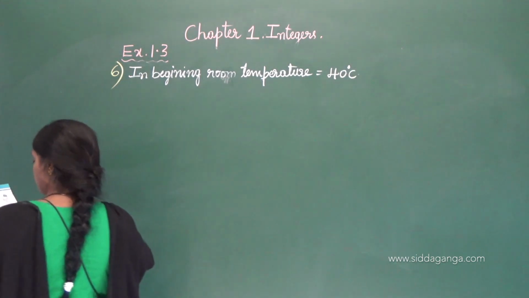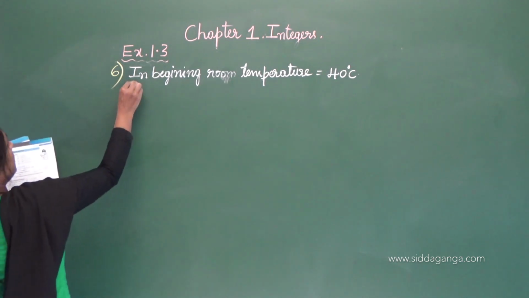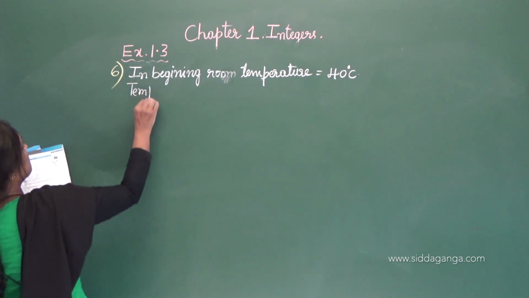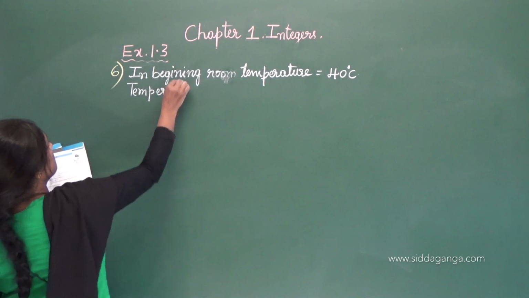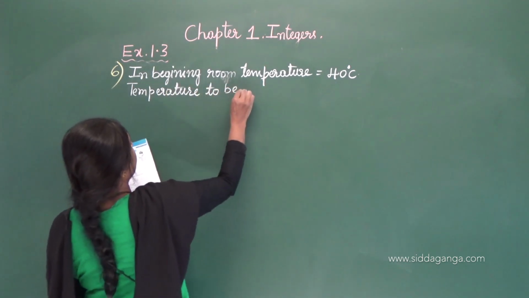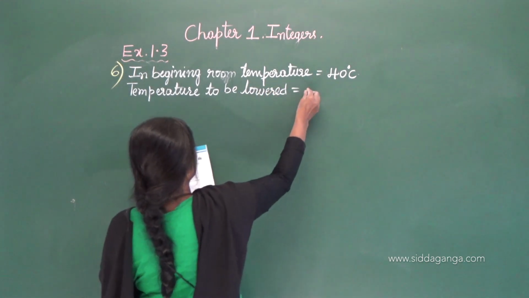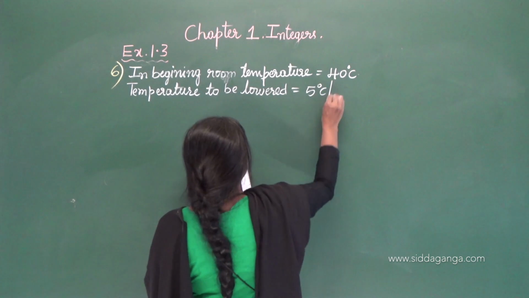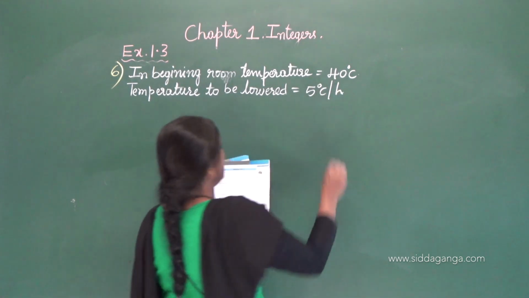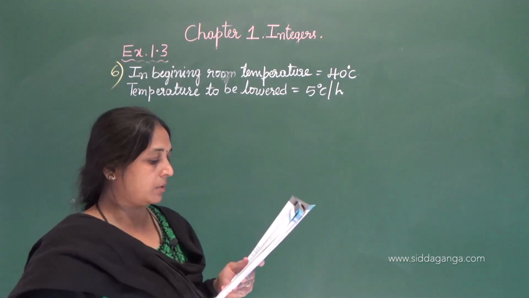Okay. Temperature to be lowered is equal to 5 degrees Celsius per hour. 5 degrees Celsius per hour. 1 hour ಗೆ 5 degrees Celsius ಕಡಿಮೆ ಮಾಡ್ತಾ ಹೋಗಬೇಕು.